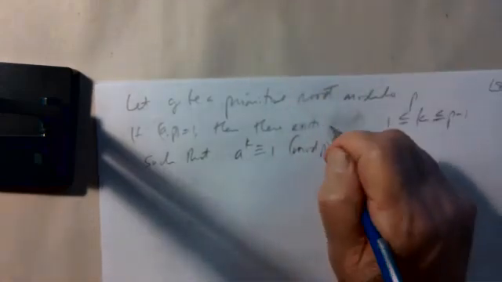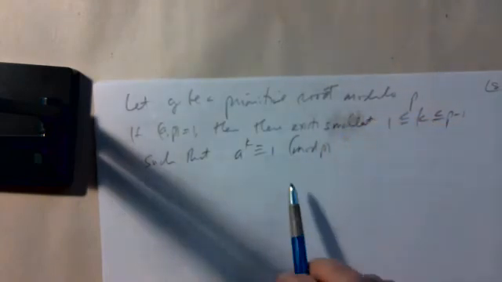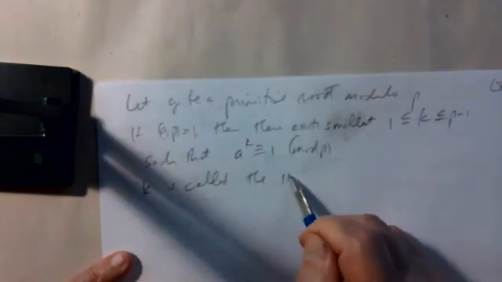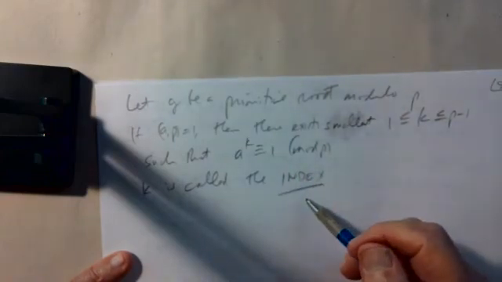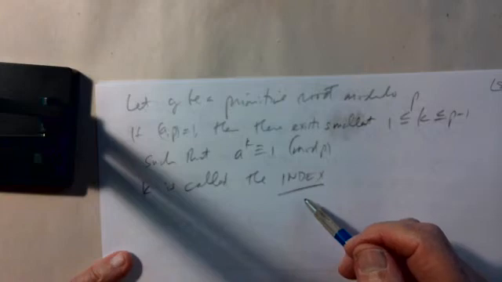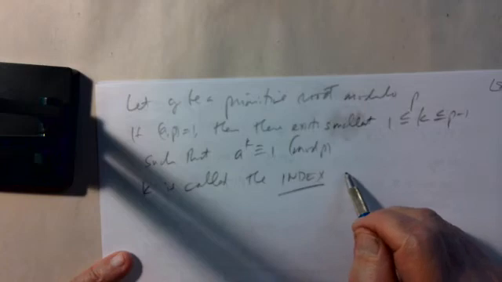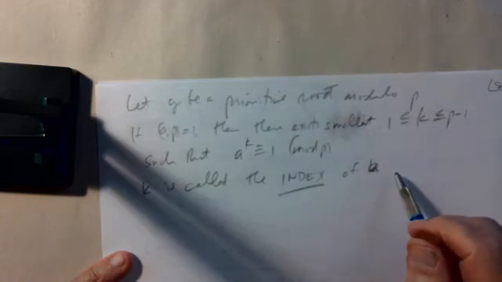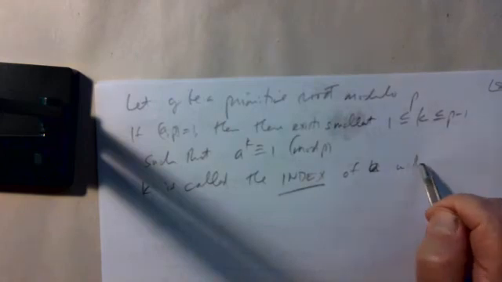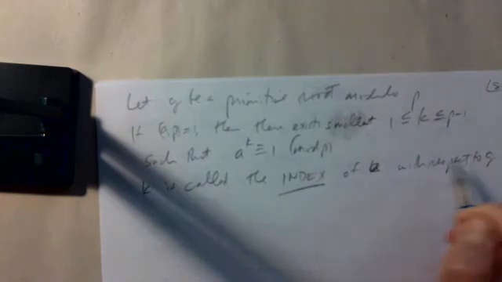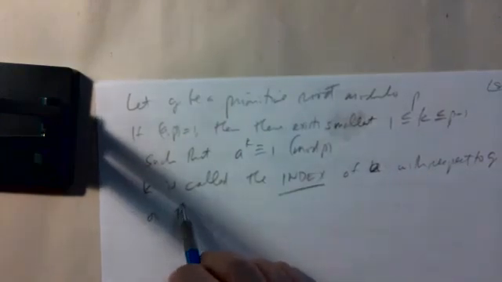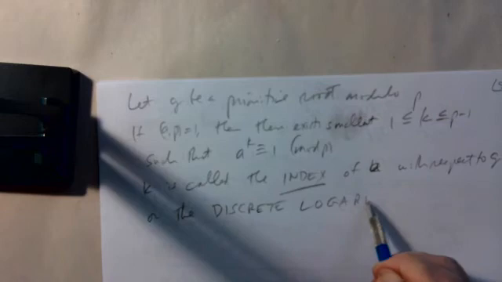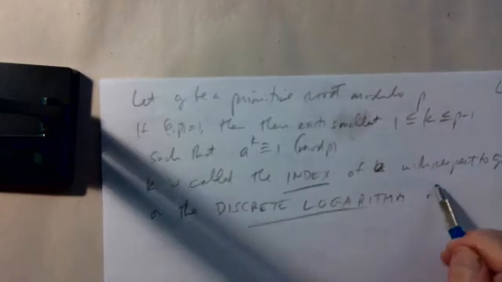We want the smallest k such that a to the k is congruent to 1 mod p, and k is called the index of a with respect to the primitive root g, or it's also called the discrete logarithm of a with respect to g.